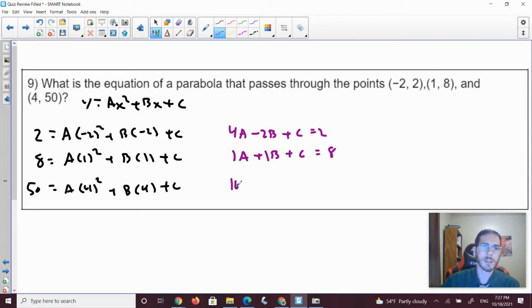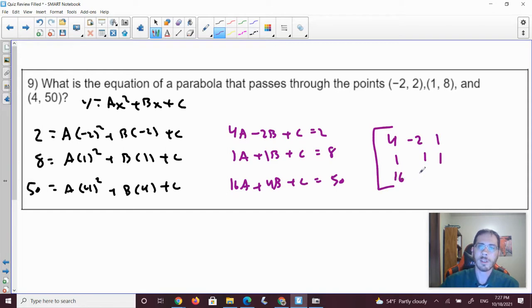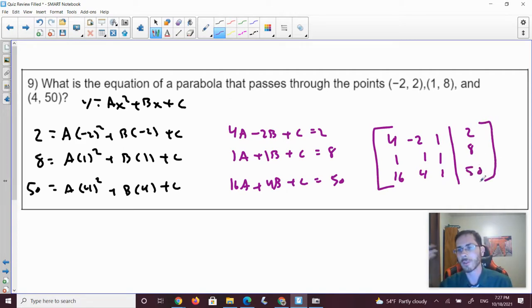And down here we've got 16a plus 4b plus c equals 50. So when we convert that to a matrix, we have rows 4, negative 2, 1; 1, 1, 1; 16, 4, 1, with 2, 8, 50. And if we want, we can do an RREF for this. So that's one way that we can get all of our coefficients.